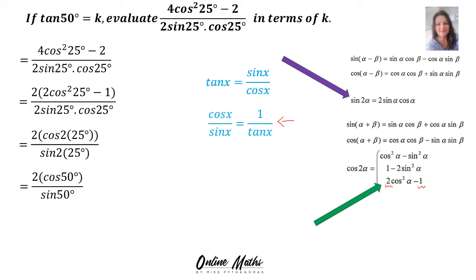So in our sum, the cos 50 over sin 50 is the same as 1 over tan 50, the reciprocal of the normal tan, which is sin over cos. And it was given right at the beginning that tan 50 is equal to k. So in tan 50's place, we can substitute k, and there's our question in terms of k. The answer: 2 over k.